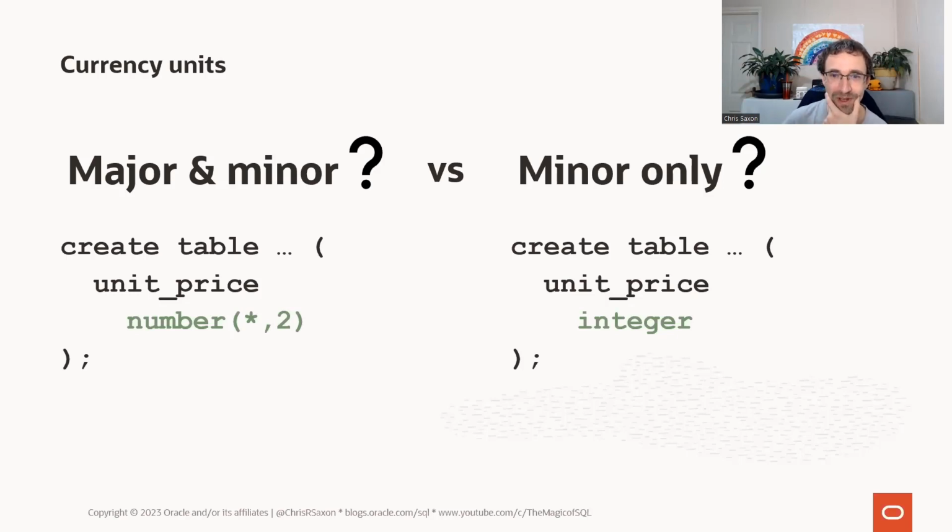Minor only probably requires conversion before storage and on retrieval for human consumption. So major minor is probably simpler to use. Yeah, that's a good point. If we store just in pence or cents, whatever the minor unit is, we are almost certainly going to have to convert it into pounds and pence, dollars and cents, or euros and cents whenever a person views this.